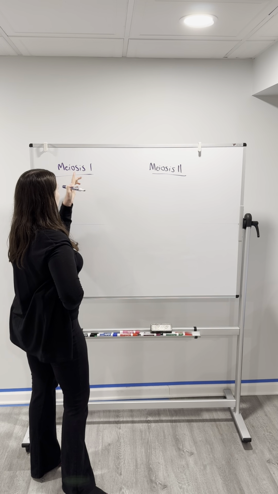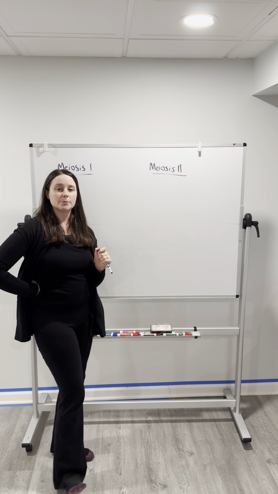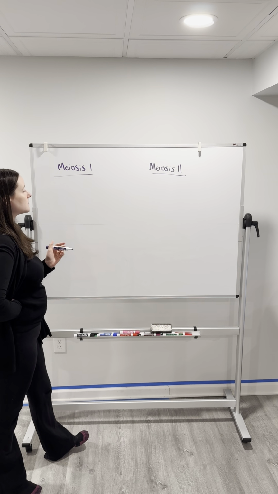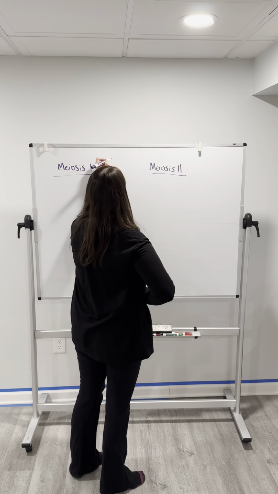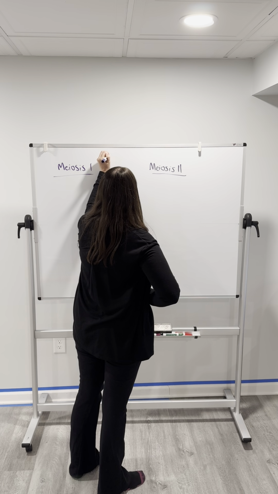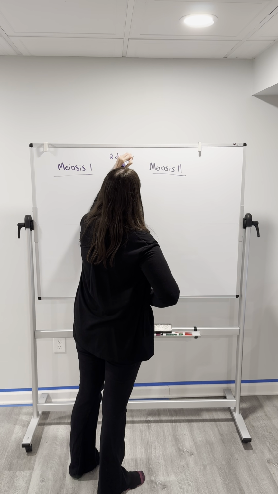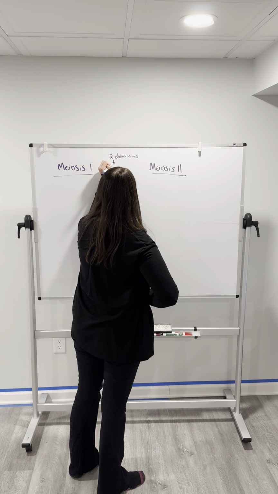First, before meiosis 1 begins, there is a doubling of DNA. So let's say our starting egg cell has, it's more, but let's just make it simple and say 2 chromosomes. Before meiosis 1, it doubles to 4.